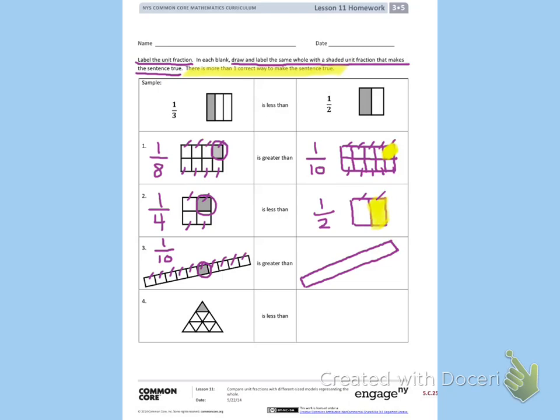Then circle the part that is shaded and put it on the top. Then you have to decide what you're going to draw in the third column that will make the sentence true. Again, even though you drew it, go ahead and make a mark on each piece so that you can double check your work. Good luck!